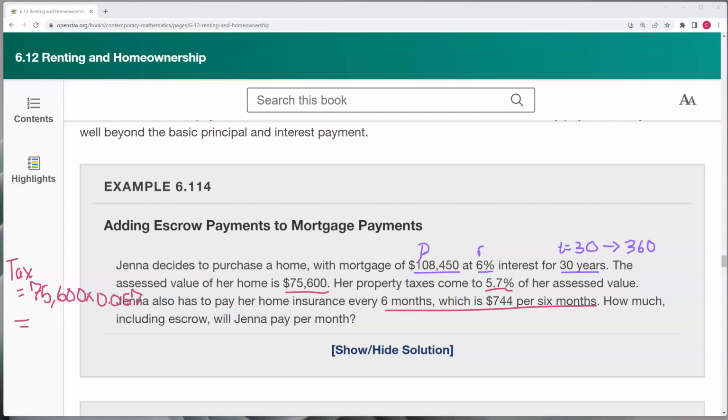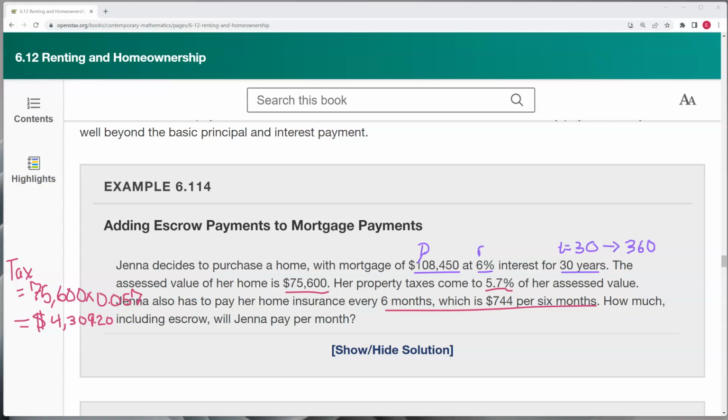If we put that in the calculator, on a calculator that I have here on my desk, times 0.057, that's going to give me, for the whole year, taxes of $4,309.20.